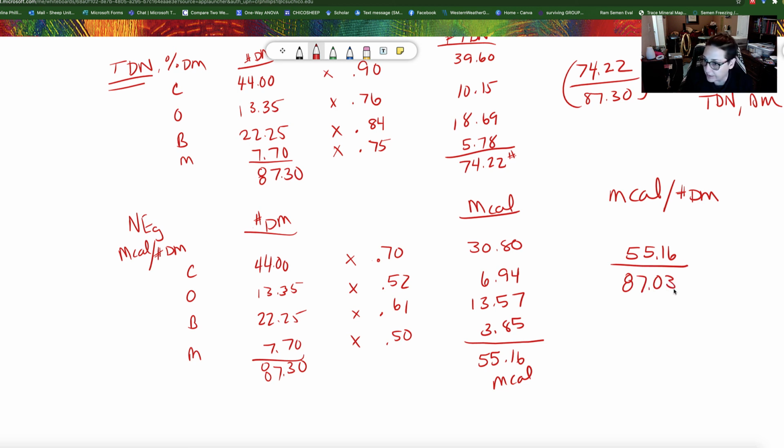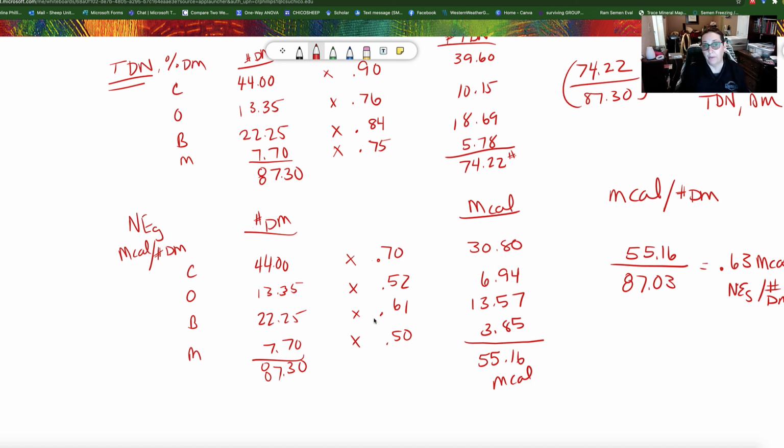That gives us 0.63 mcals of NEG per pound of dry matter. If we were to convert that to hundredweight, we'd just times 100, and that would be 63 mcals. Again, doing my quick check, it makes sense that 0.63 is between 0.5 and 0.7 and closer to the 0.7 because of the amount of corn.